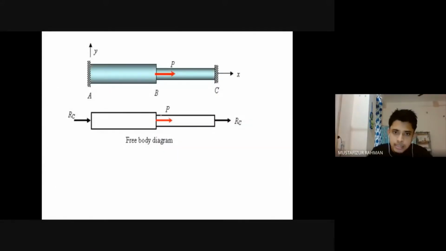Suppose this is a structural system. We have a beam here and there is another beam of smaller cross section. It is the same beam, the cross section is larger here and smaller here, and we have a fixed support at this end and at this end also.